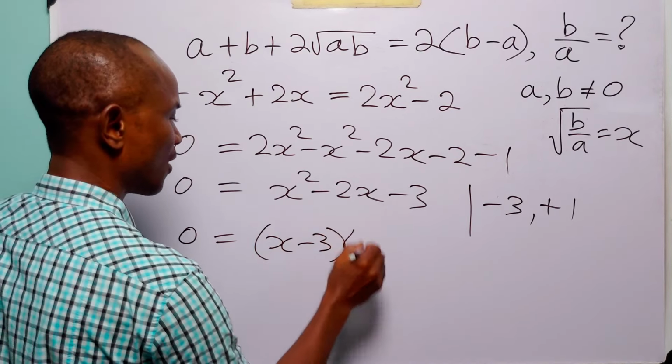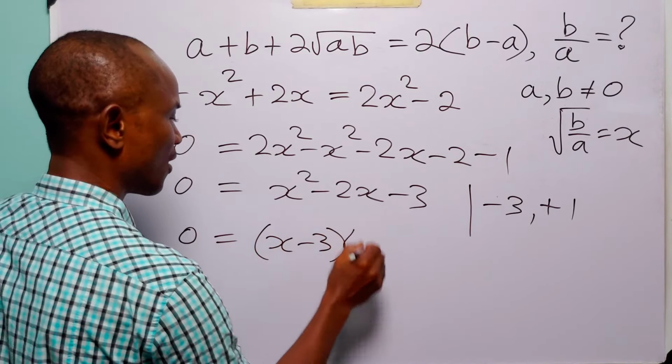And of course, you know that this statement simply means that either x minus 3 is equal to 0 or x plus 1 is equal to 0. From here, we get that x is equal to 3. And from here, we get that x is equal to minus 1.